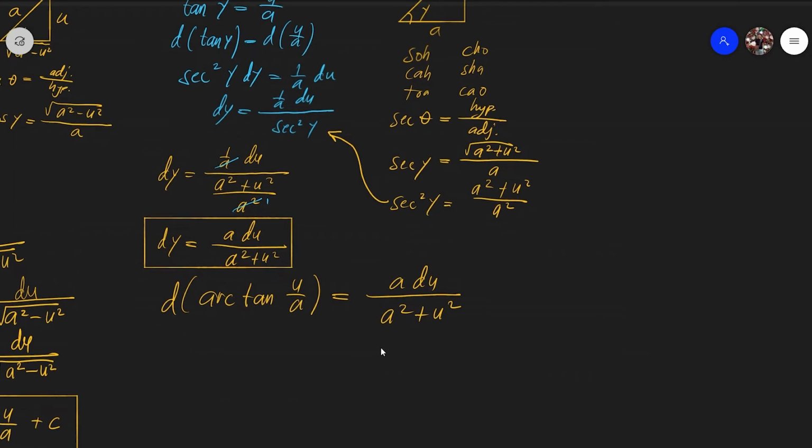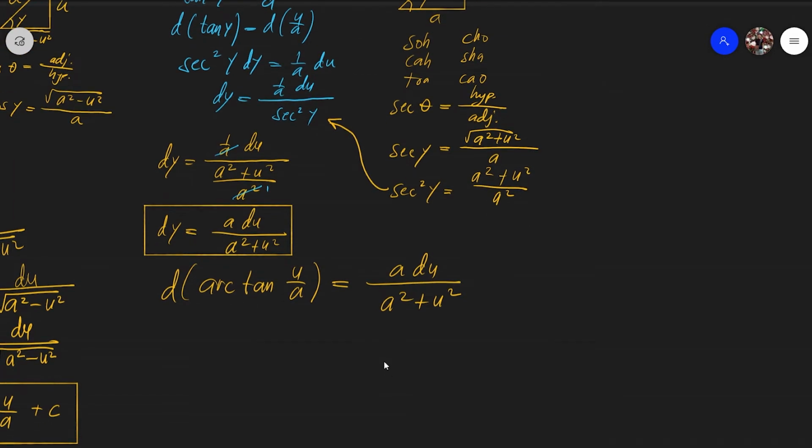Now, to get the formula for the integral of arctan u over a, you just need to integrate both sides of the function. So you can say the integral of the differential of arctangent u over a is actually equal to the integral of a du all over a squared plus u squared.